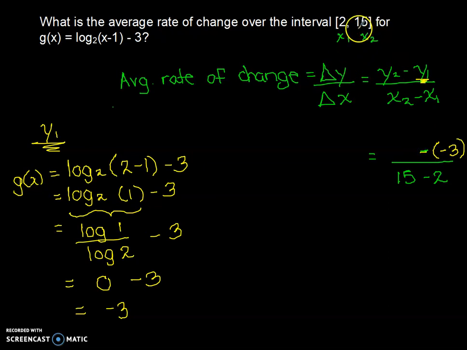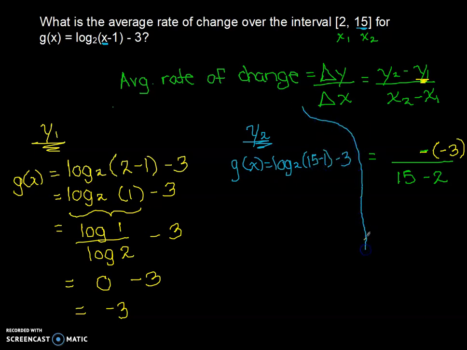So y sub 2 is when I replace in the x value what x sub 2 was. Guess I'll write it here. Okay, so g of x equals log base 2 of 15 minus 1 minus 3. I'm trying to make sure these are together, so let me put a little separator there.